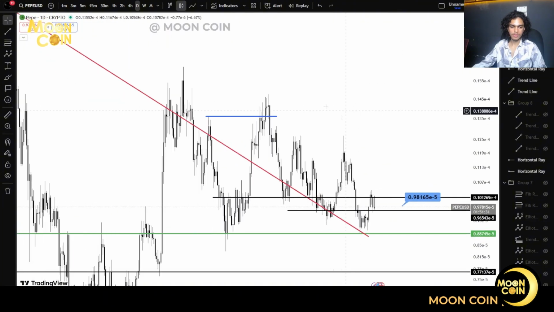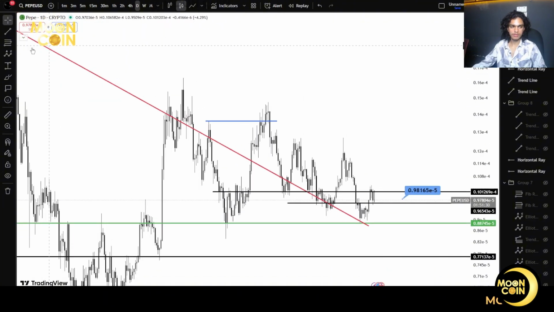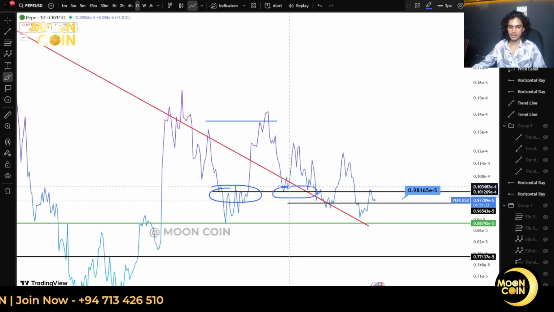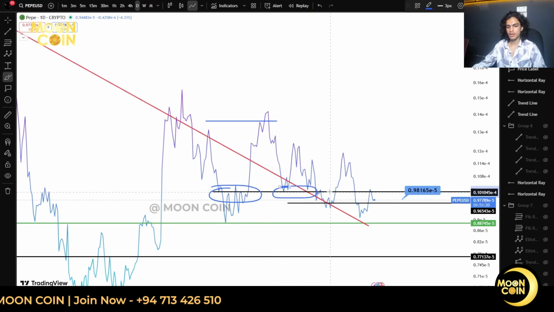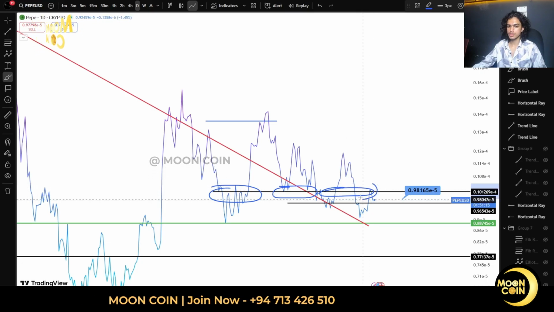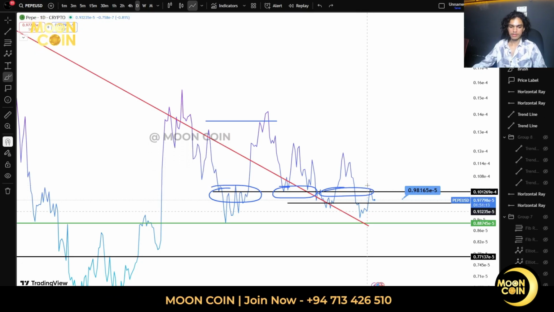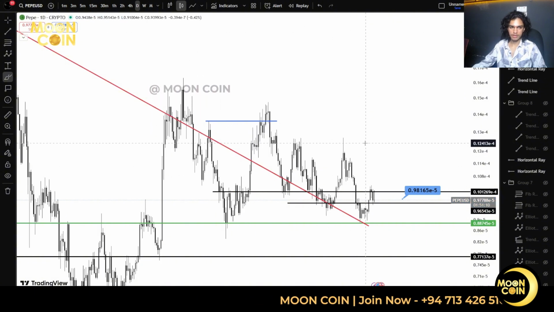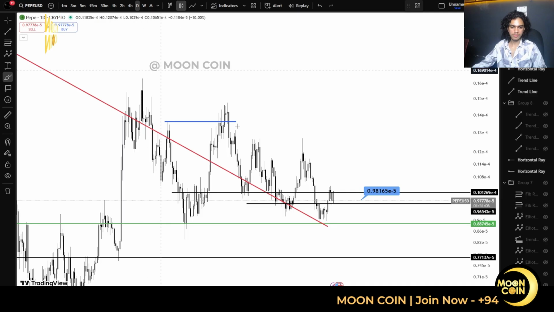Here I have taken the line chart, and you can see that we have price noise here and price has returned to that area so many times. Here also, recently, it has got rejected, so that area I took as a point of interest, and here as well you can see the down trend line.